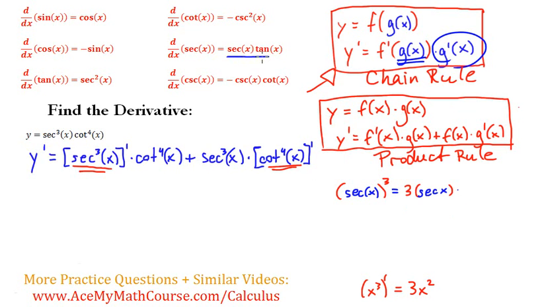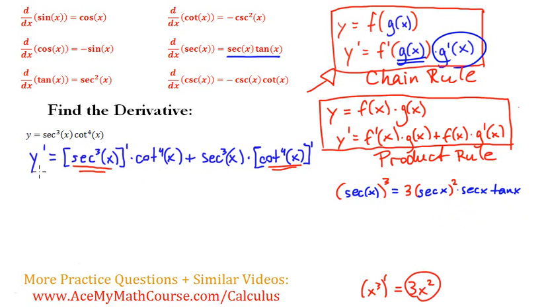And the derivative of secant of x is secant x times tangent of x. What a mess, but that's it. Oh, and I had forgotten the little square right here. So 3 secant squared. Why is that? Because basically it was the derivative of the outside function.